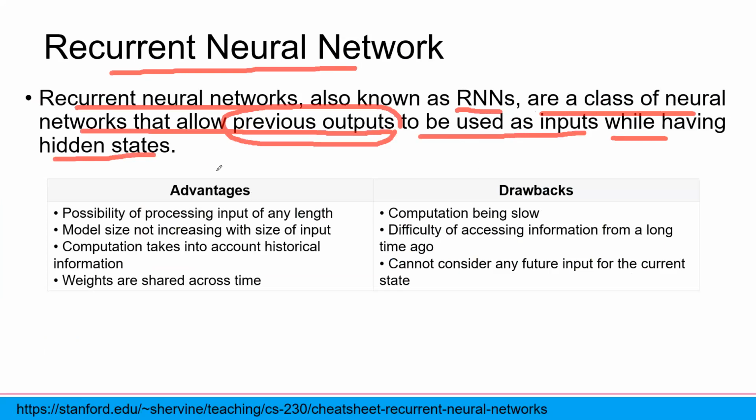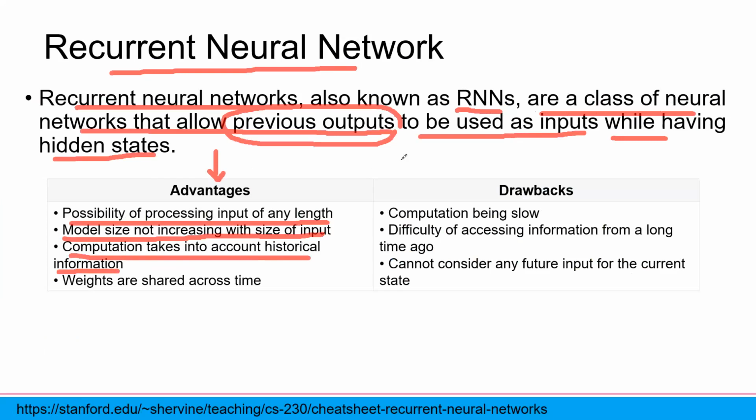The advantages of this RNN is the possibility of processing input of any length. It means when you have the input in any length, that it is good. The model size is not increasing with the size of input. So no matter the size of the input, the model size will be just stable. The computation takes into account historical information.